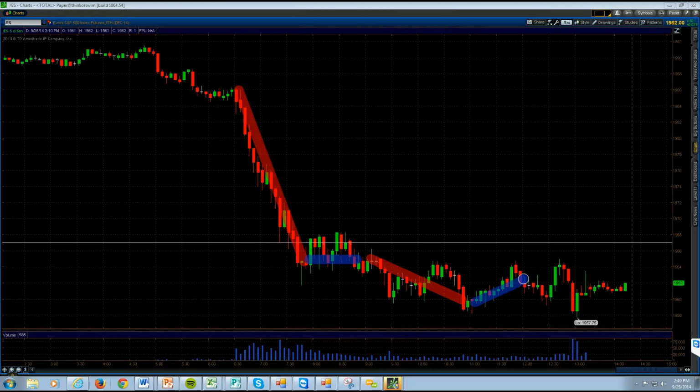And we're just looking at general slopes here. Then as we come into the end of the day, it pretty much went sideways. So this drop was really the only major move we had today, and the rest was just sideways.